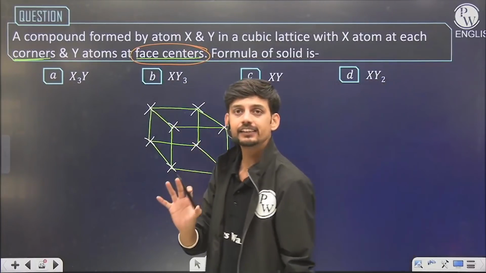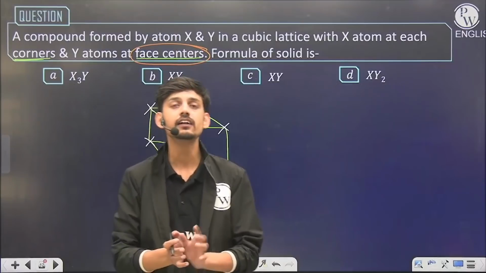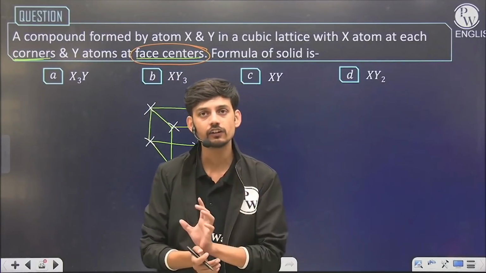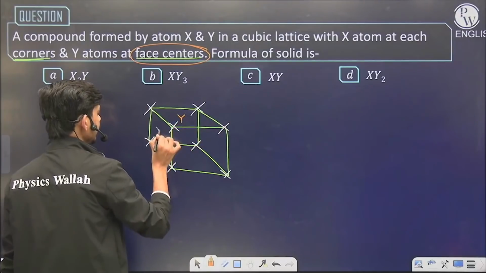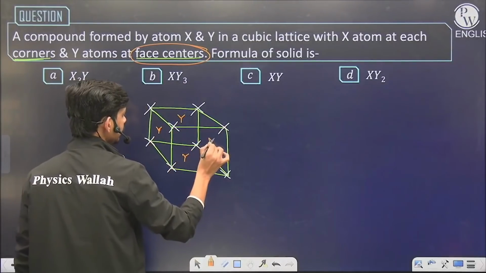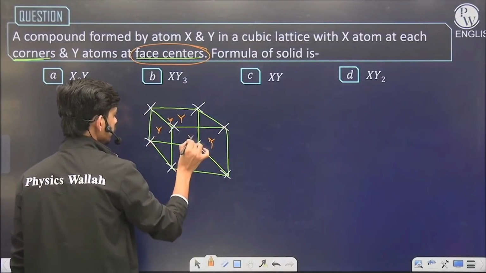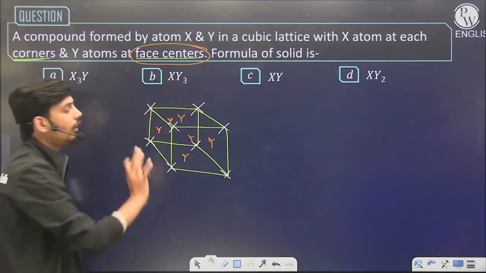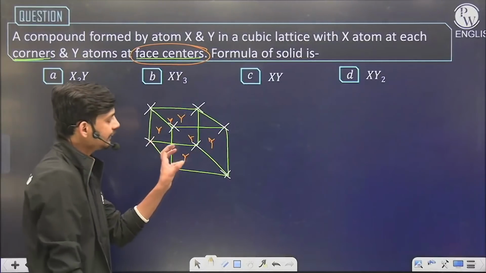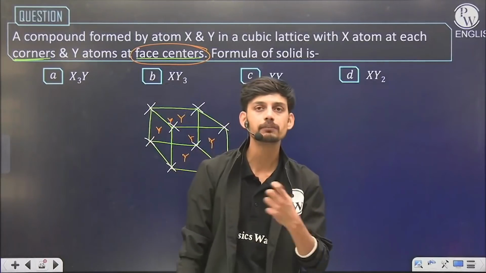So face centers means, as I was telling earlier, that atoms will be only at the centers of faces. So Y atoms are present at the centers of all 6 faces. And now the question is asking about the formula of the solid, which means the empirical or simplest ratio formula.